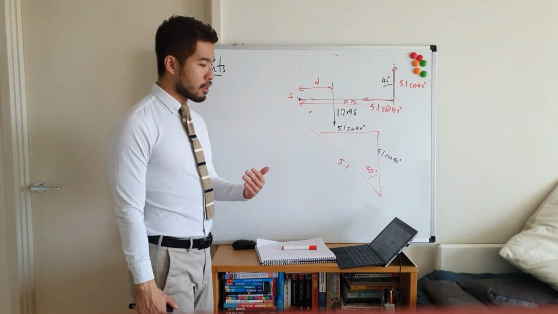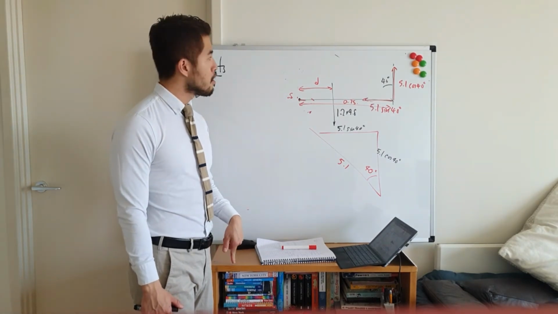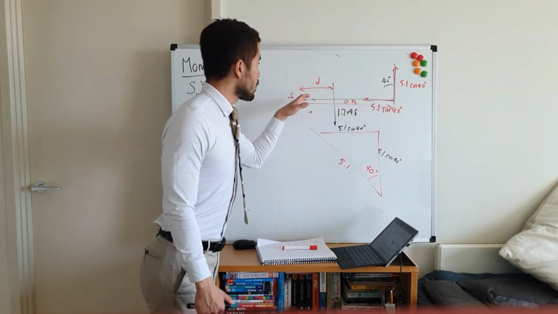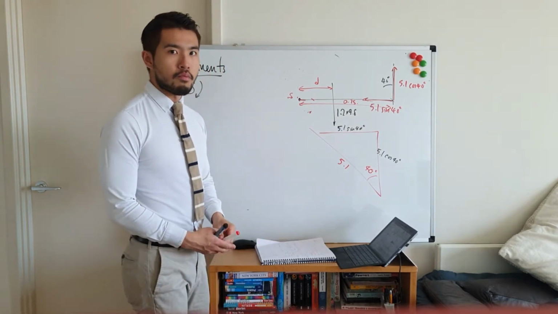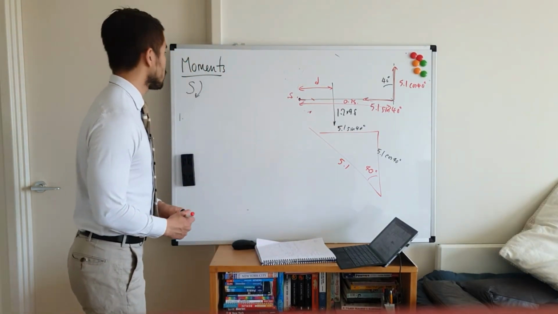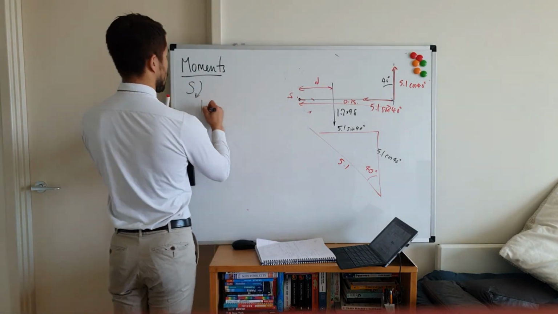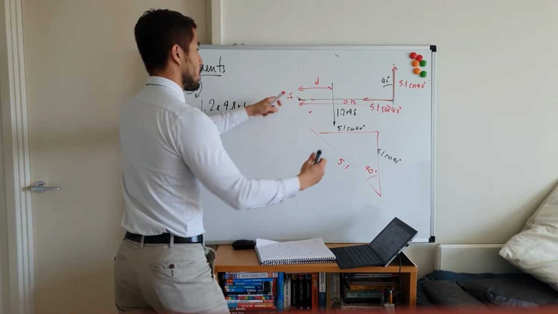My next section in the video is going to explore a lot more about this. But right now, just know that if this is pointing towards the support, the turning effect of this force will be equal to 0. So taking moments from S, clockwise moment 1.2 times 9.8 times D equals anti-clockwise moments.